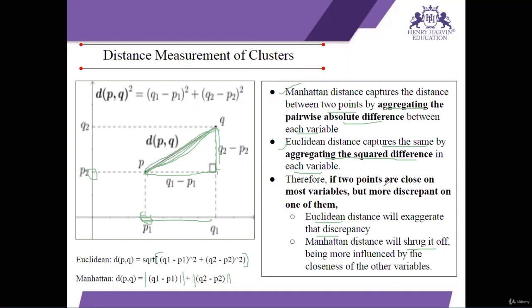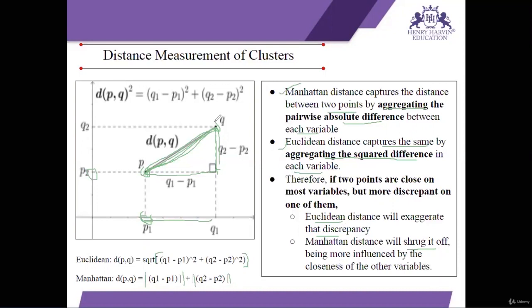If the two points are close on most variables, then the clusters will not be formed correctly for Manhattan distance because it shrugs off the closeness of other variables.